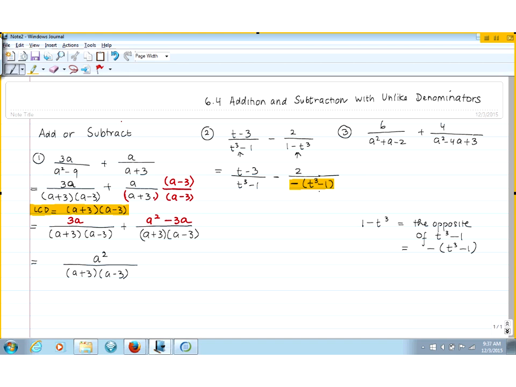Now what do I do next? Do I leave the negative here? No, then you have to adjust the sign. So this is p minus 3 over p cubed minus 1, and when you adjust the sign, it becomes plus 2 over p cubed minus 1.